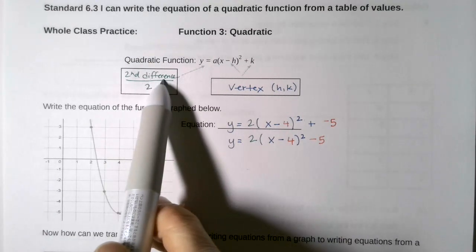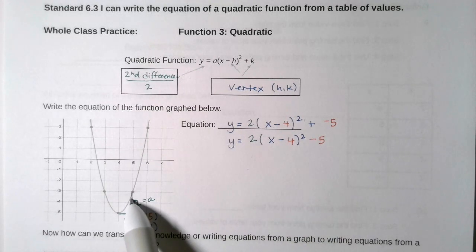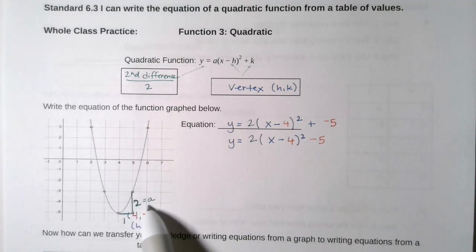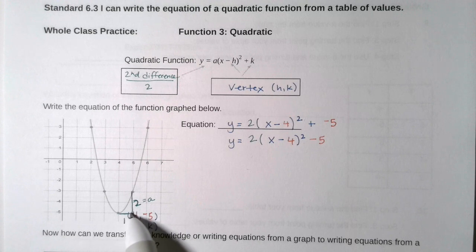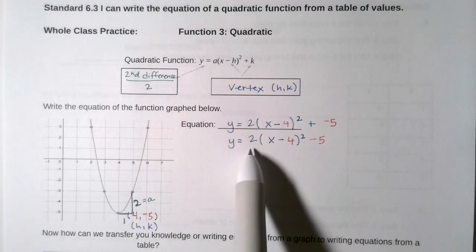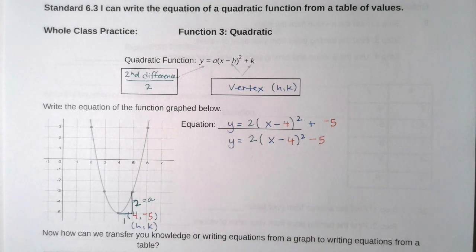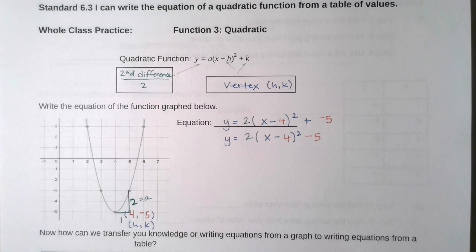So make sure you have second difference divided by 2, and that this distance up from your vertex is your a value. And now let's talk about how we can transfer the knowledge that we have about writing equations from graphs to tables, and writing equations from tables.